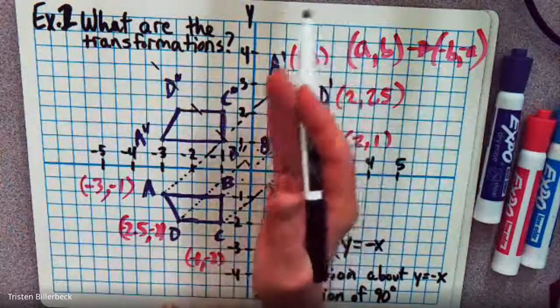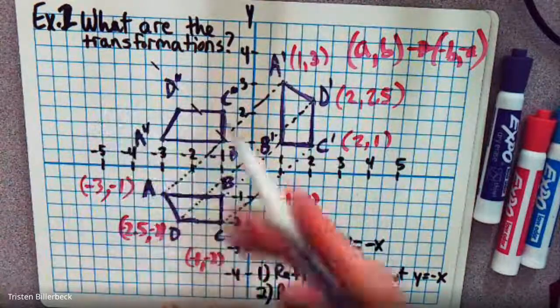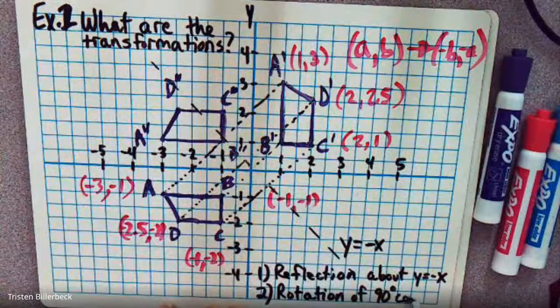Which way is this? That is counterclockwise. About the origin. So you need to say that. About the origin. It's kind of important.